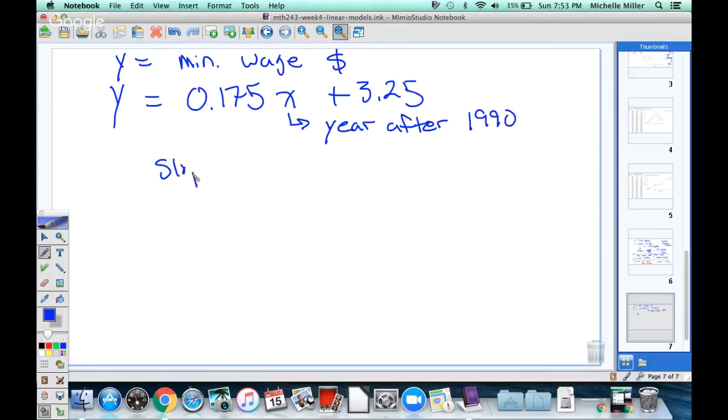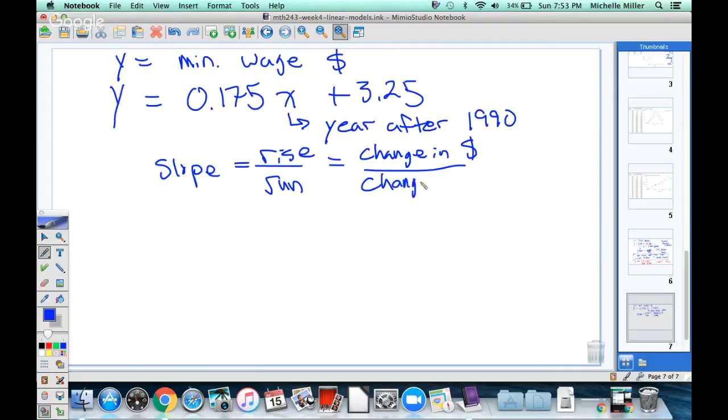Slope in this case, remember slope is rise over run. The rise is the change in dollars, and the run is the change in years. So I have 0.175 over 1, and that's going to be dollars per year.